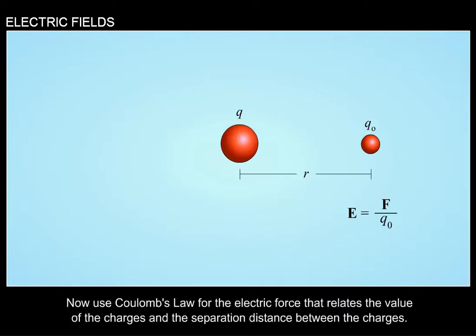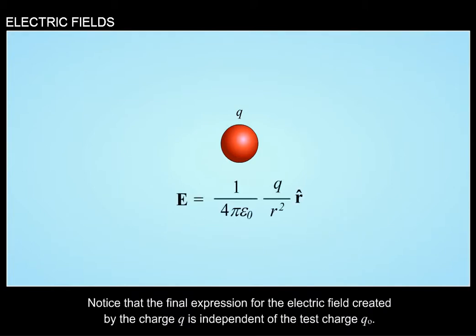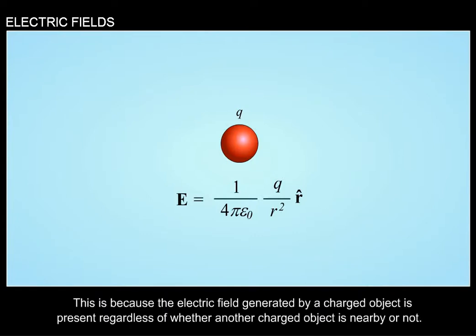Now use Coulomb's law for the electric force that relates the value of the charges and the separation distance between the charges. Notice that the final expression for the electric field created by the charge Q is independent of the test charge Q0. This is because the electric field generated by a charged object is present regardless of whether another charged object is nearby or not.